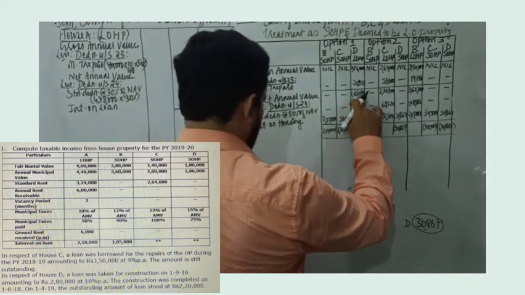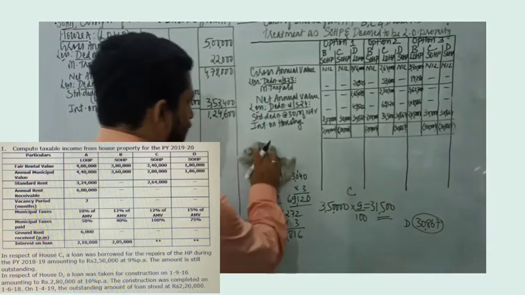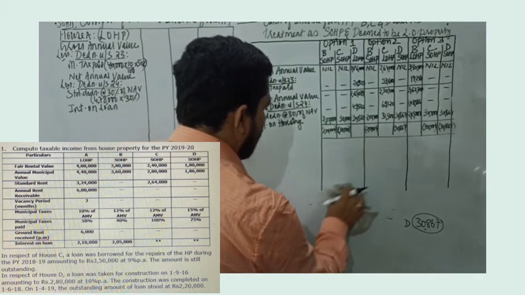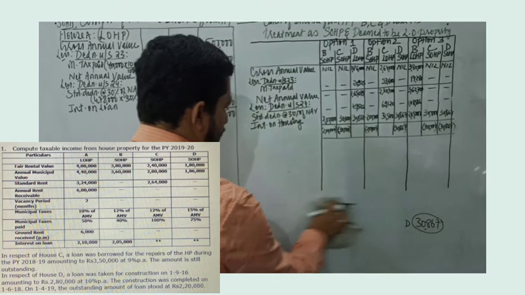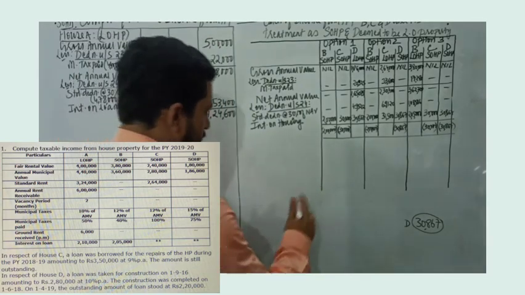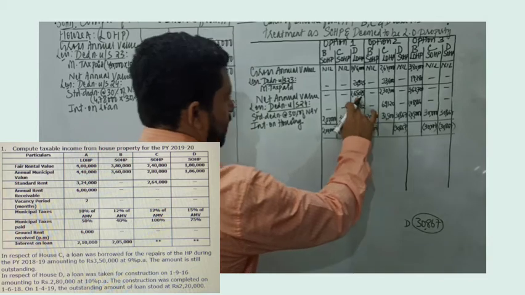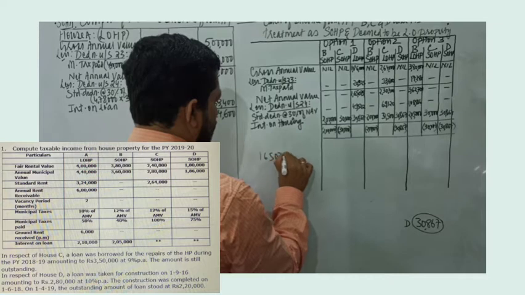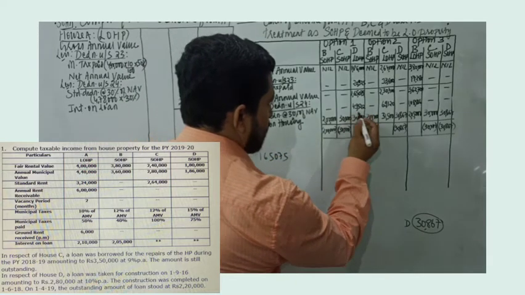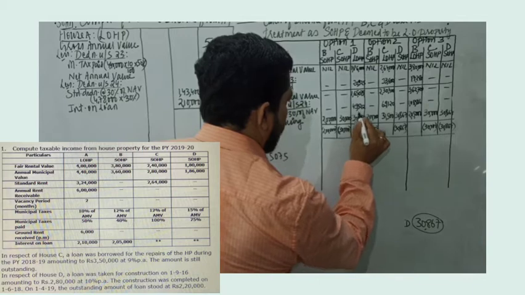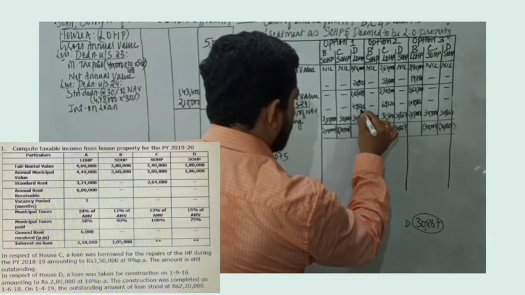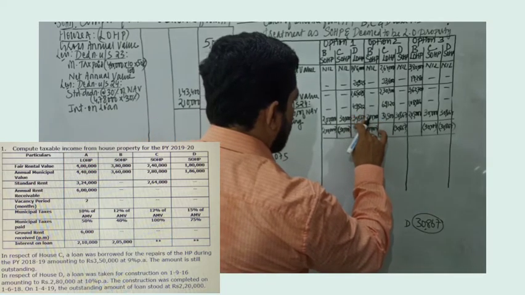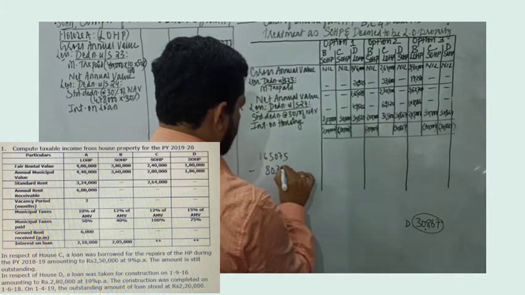Now next is this number. How much is the income from house property as far as house D is concerned in option 1? So here we have 1,65,075. So I just record over here 1,65,075 minus these two numbers. 49 plus 30, 40, 30 is 70, 79, 80,000, 80,300, 80,389.